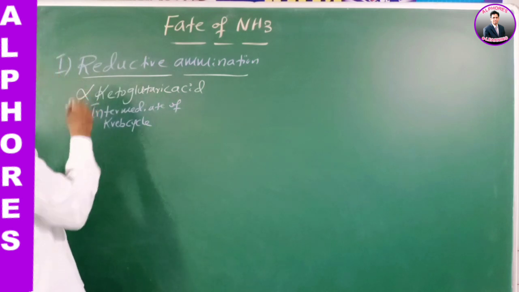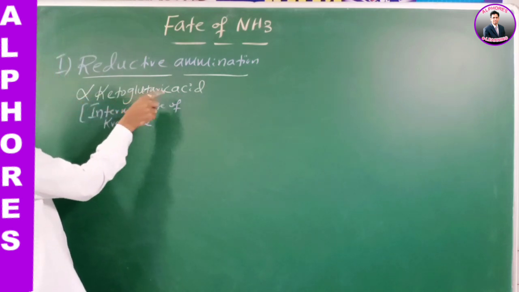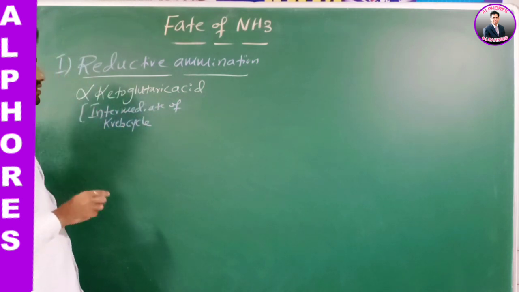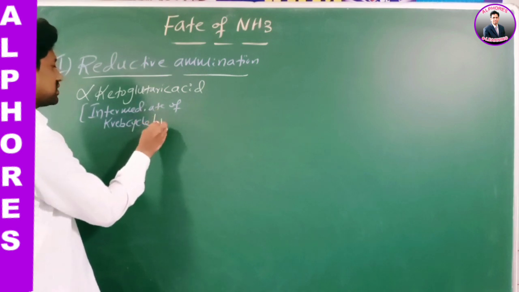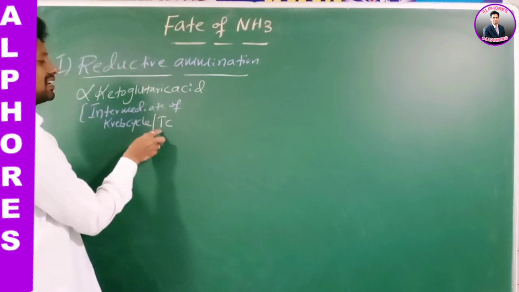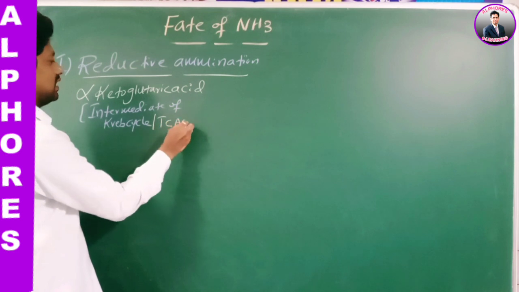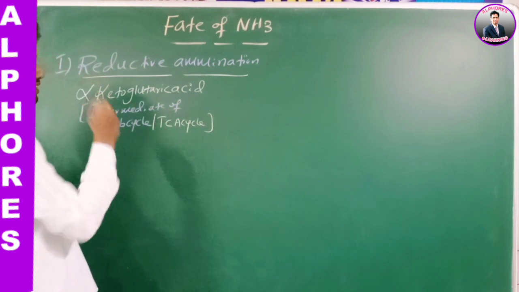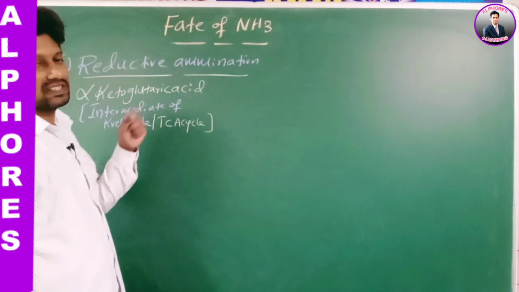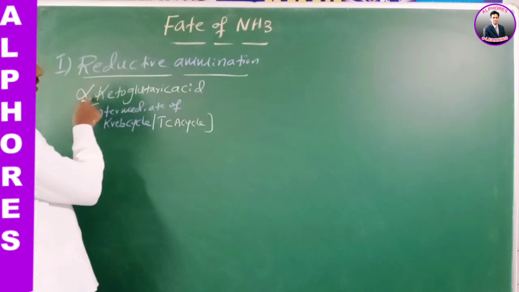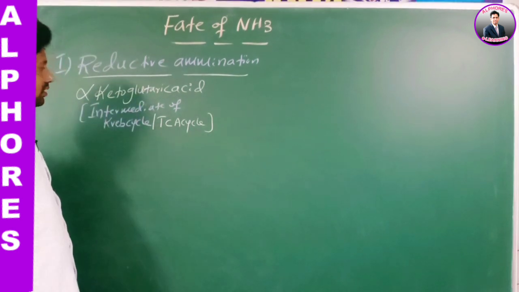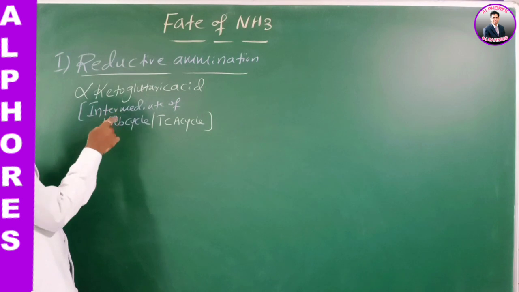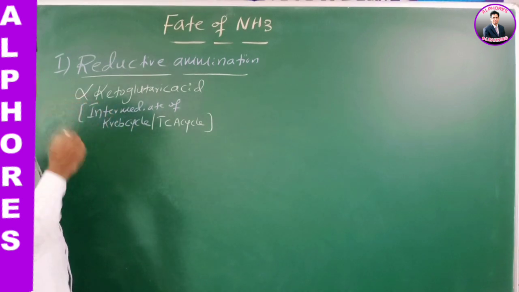Krebs cycle is also called the tricarboxylic acid cycle. Shortcut is important, TCA cycle.